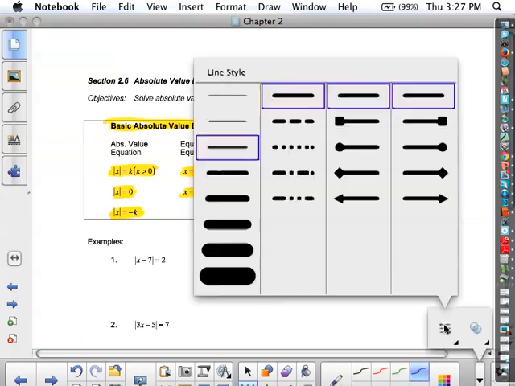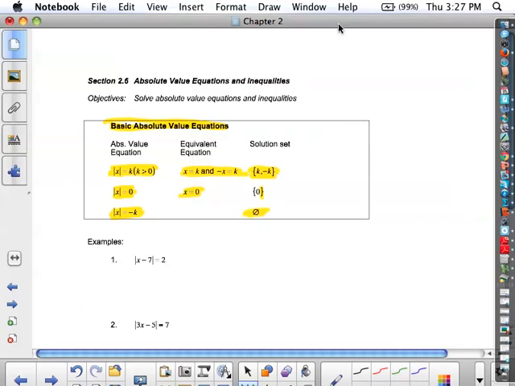If you have the absolute value of x minus 7 equals 2, this generates two equations, just like in the equivalent equations. The first one is that x minus 7 is equal to 2, and the second is that the opposite, minus (x minus 7), is equal to 2.